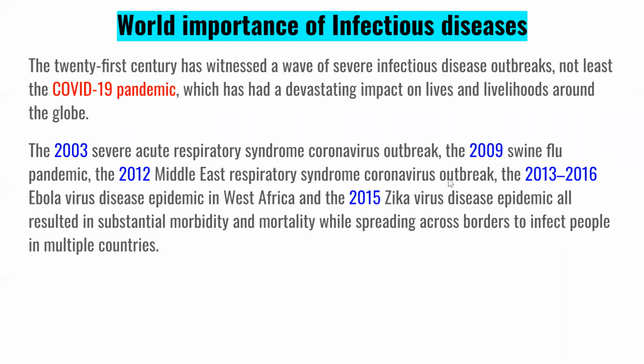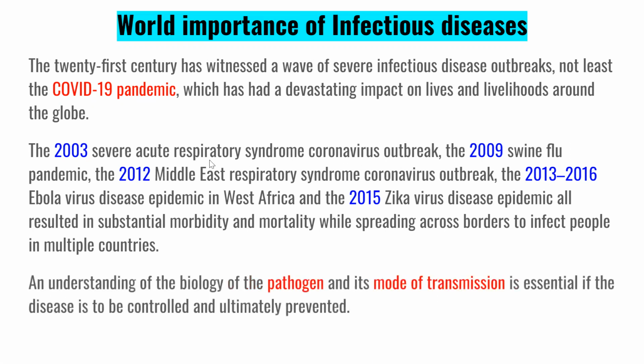Because of these different types of epidemics that broke out in different countries at different points of the year, people who were traveling from one country to another became the carriers of the disease to other countries. And these pathogens got a chance to cross borders and enter many countries at the same time. An understanding of the biology of the pathogen and its mode of transmission is essential if disease has to be controlled and ultimately prevented.